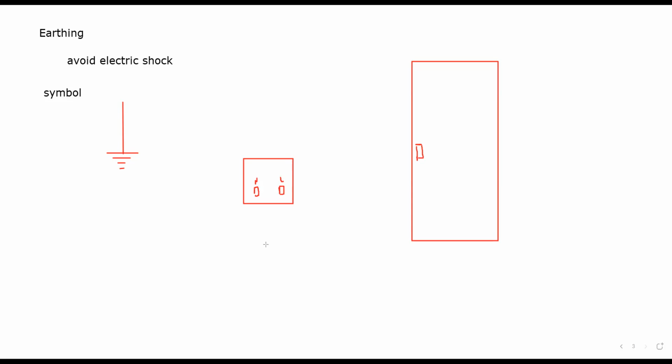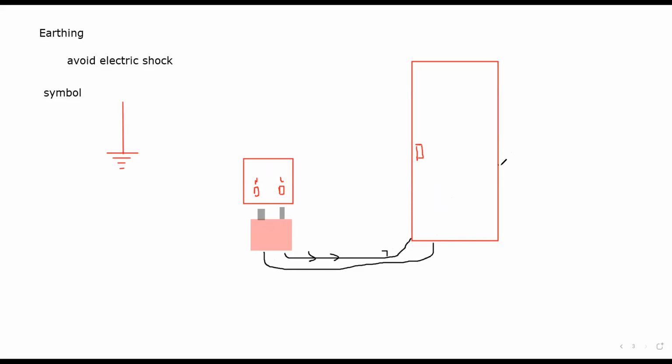As you plug in, the charges start to flow. The refrigerator is working. There is an internal circuit for the refrigerator as well, but I am not drawing that.